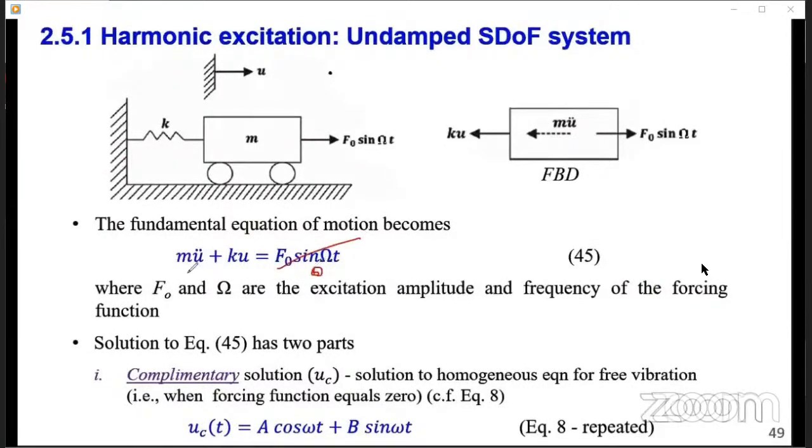And they said this is a second order linear homogeneous ordinary differential equation, right? And when this is now no longer 0 because of the harmonic excitation, or the external forcing function, then our equation is no longer homogeneous. Our ODE is no longer homogeneous.